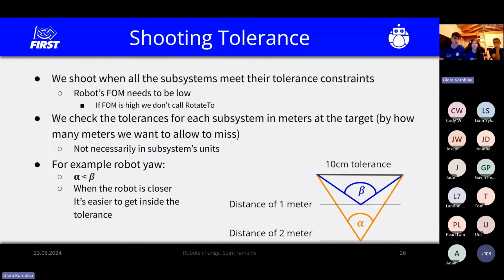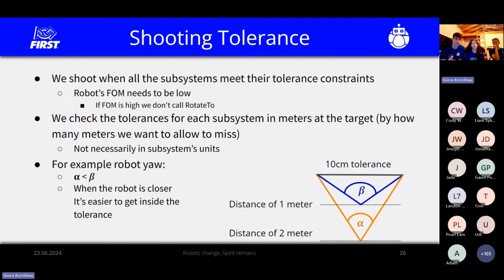For the shooting tolerances, we are making sure that each subsystem meets the tolerance constraints before we shoot. And also, because we are shooting off of the robot's position, we need to make sure that the robot's form is low.